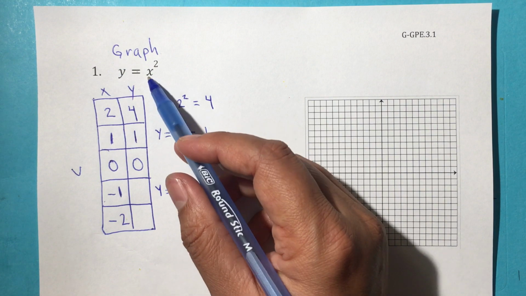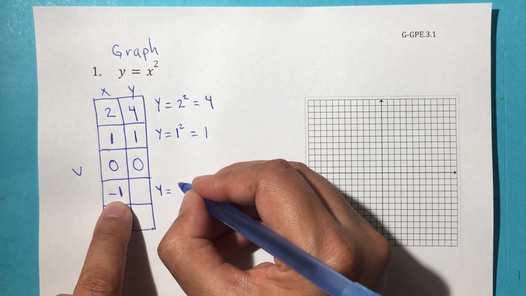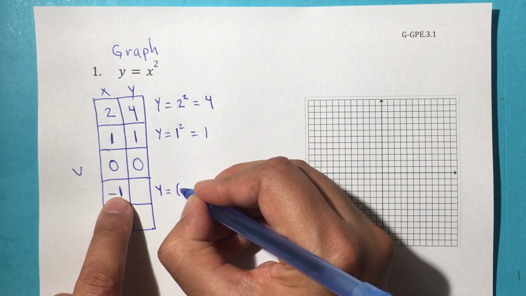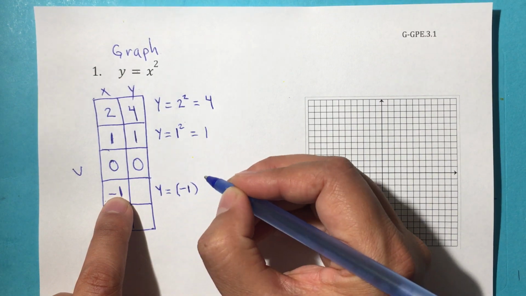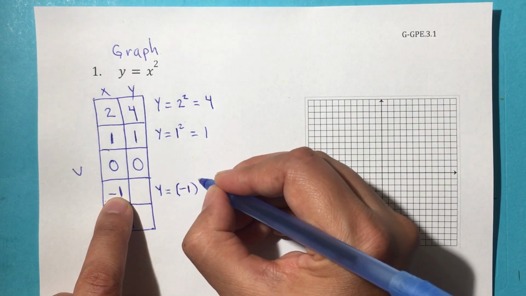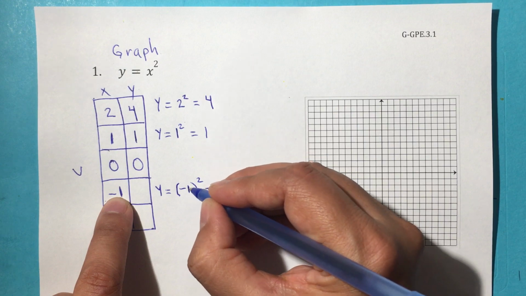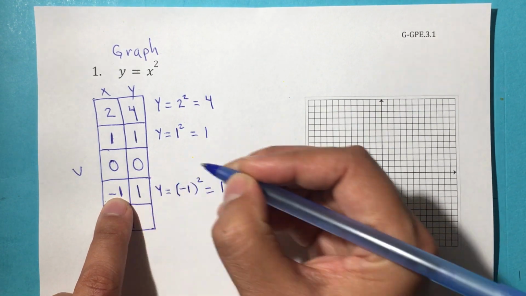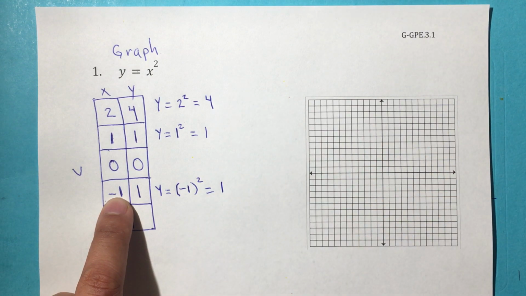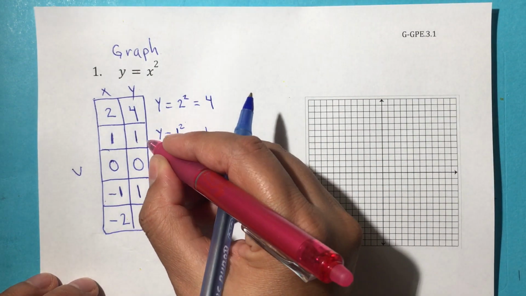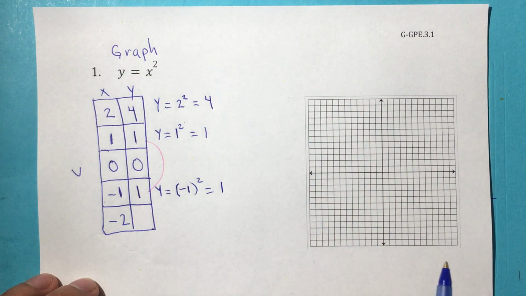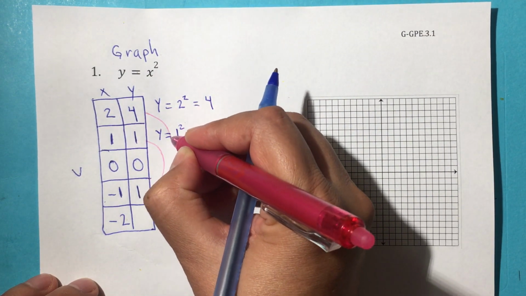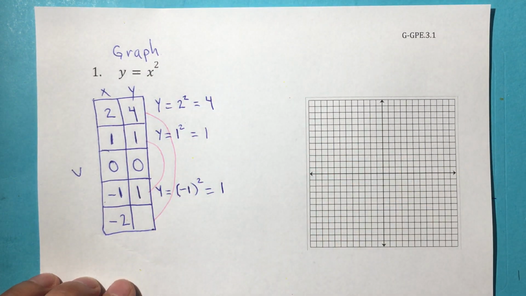Now let's go in the other direction. You're going to substitute x, but because it's negative, we're going to take away the x and put the negative 1. Again, because it's negative, you're going to put it in parentheses, square that, and negative 1 times negative 1 is positive 1. Something that I want you to notice is that these values will look the same, and this should also look the same, okay?